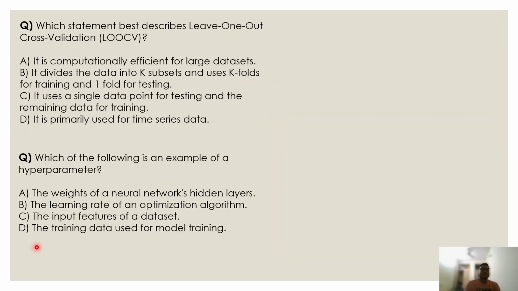Okay. So the next one is, which statement best describes the leave one out cross validation method? We just saw leave one out cross validation. From the name itself, you can answer it.